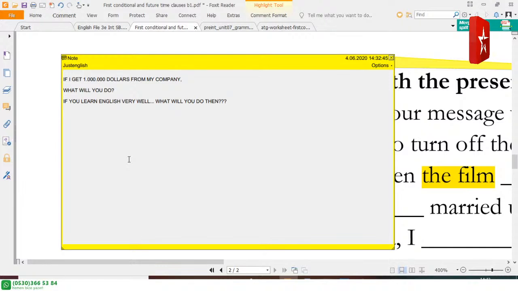Gulsava says, I will build a building of my dream. Wow, that is a deep answer given by Gulsava. I will build a building of my dreams. All right. So if you learn English very well, what will you do then?